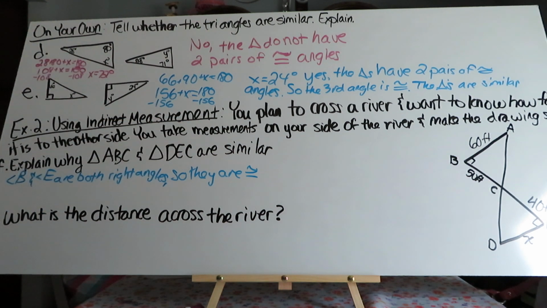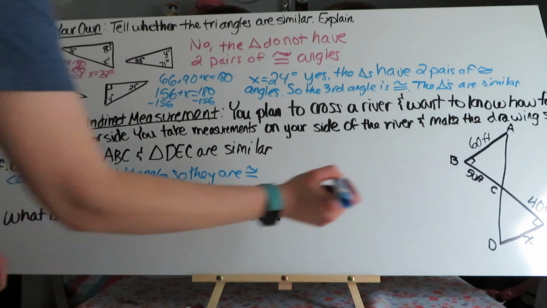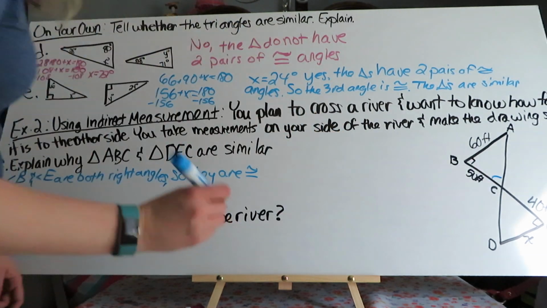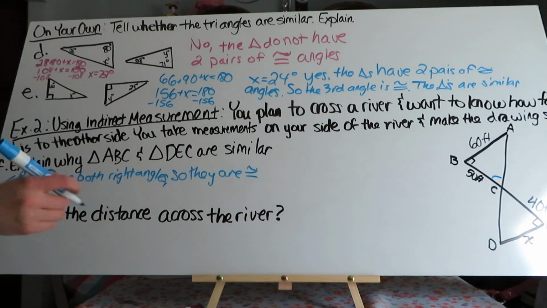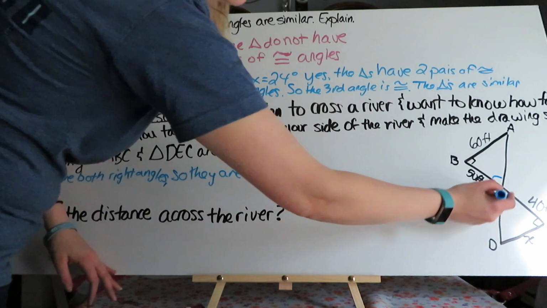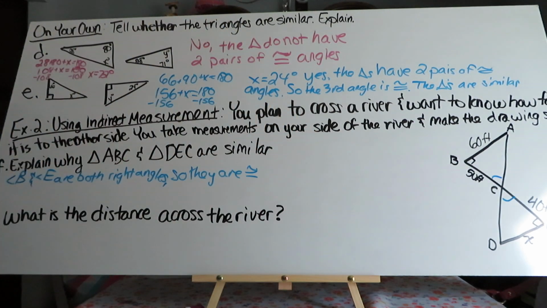Next, angle ACB and angle DCE are congruent because they're vertical angles. So let's write that out.